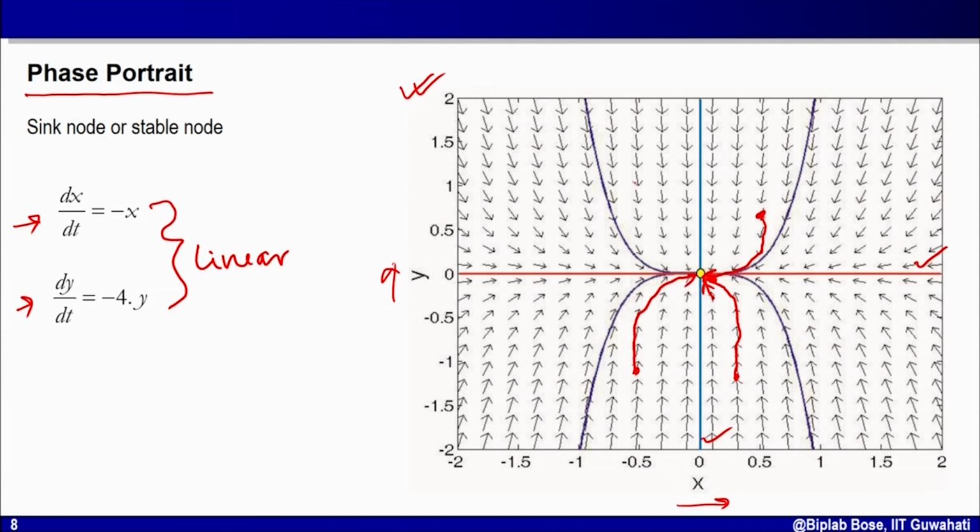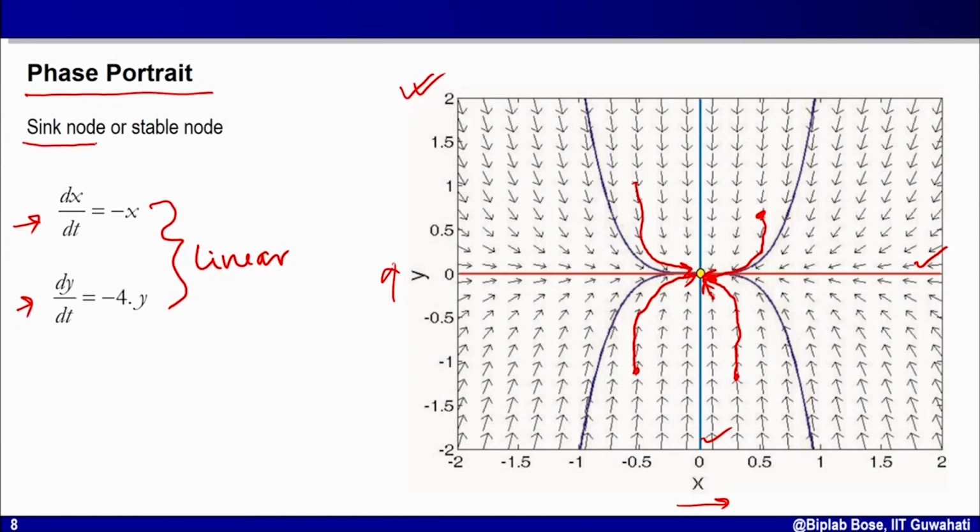So from any quadrant, if you start, you will eventually reach the steady state at 0, 0 asymptotically. That means this is a stable steady state. And all the trajectories are converging there, so this steady state is sometimes called sink. So this is called sink node or stable node.